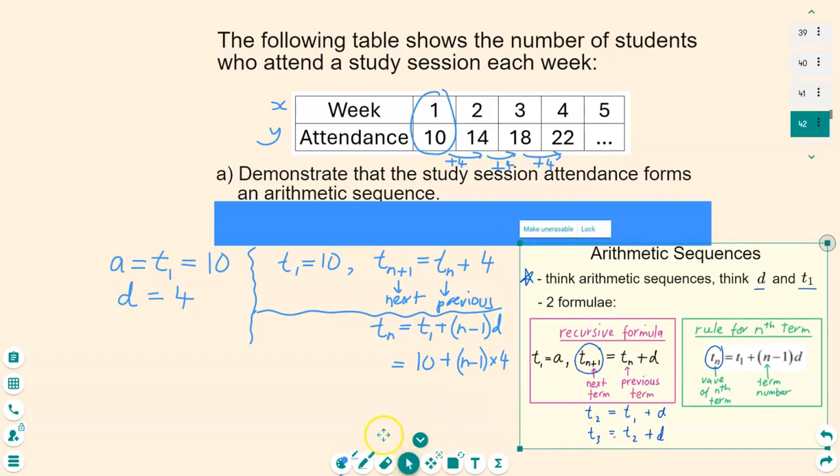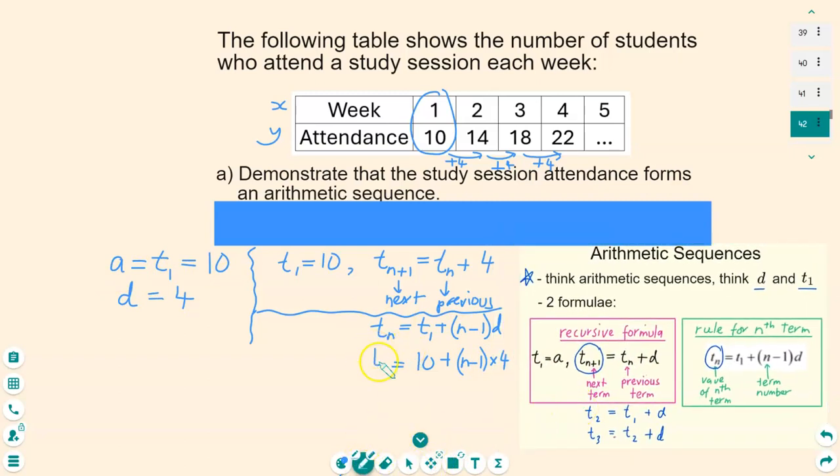Let's move that over. Usually you leave the rule for the nth term in simplest form, so I would expand those brackets. 10 plus 4 times the bracket n take 1. We use the crab claw to expand. Reach out to the first number, 4 times n. Reach out to the second number, positive 4 times negative 1.